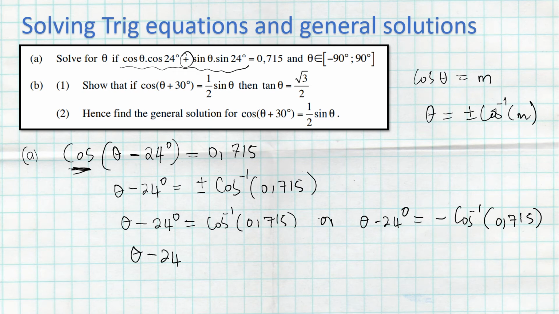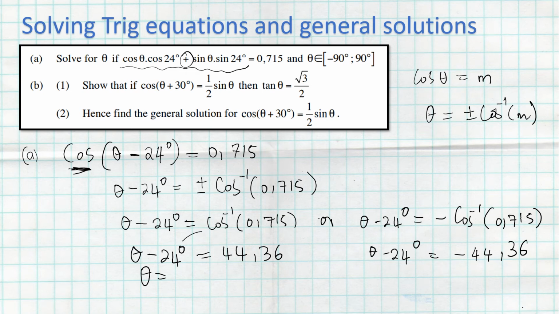Theta minus 24 degrees, what is our arc cos 0.715? On the calculator I'm getting 44.36. So this is 44.36. So theta minus 24 degrees, it will be what? Here it will be negative 44.36. Okay, so I can solve for theta this side by taking my 24 to the other side to be 44.36 plus 24, right?